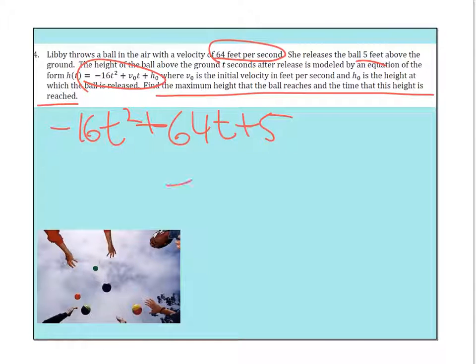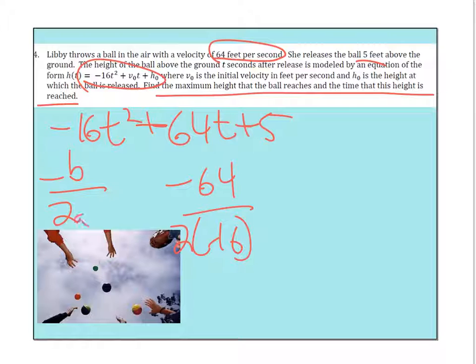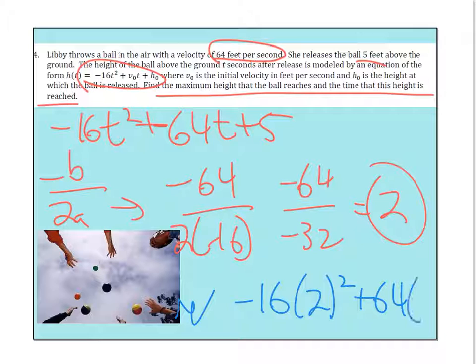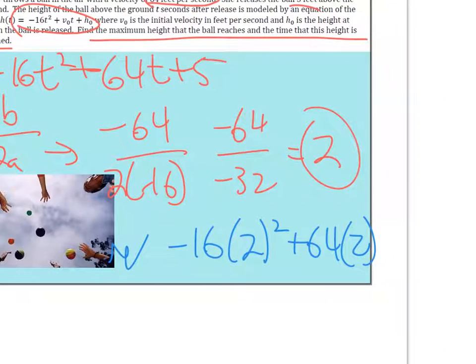So I'm going to take negative 64 over 2 times negative 16. Again, negative b over 2a. So that's going to be negative 64 over negative 32. So that's 2. Now I'm going to substitute this in here. So negative 16 times 2 squared, plus 64 times 2, plus 5.